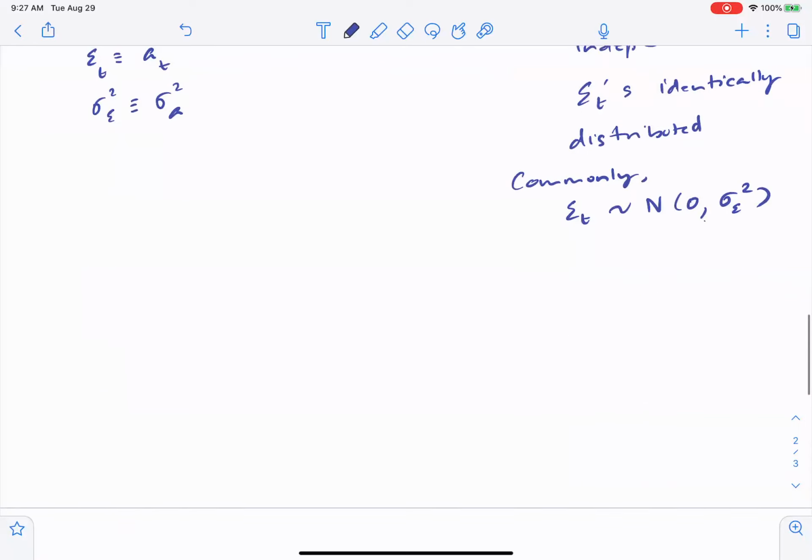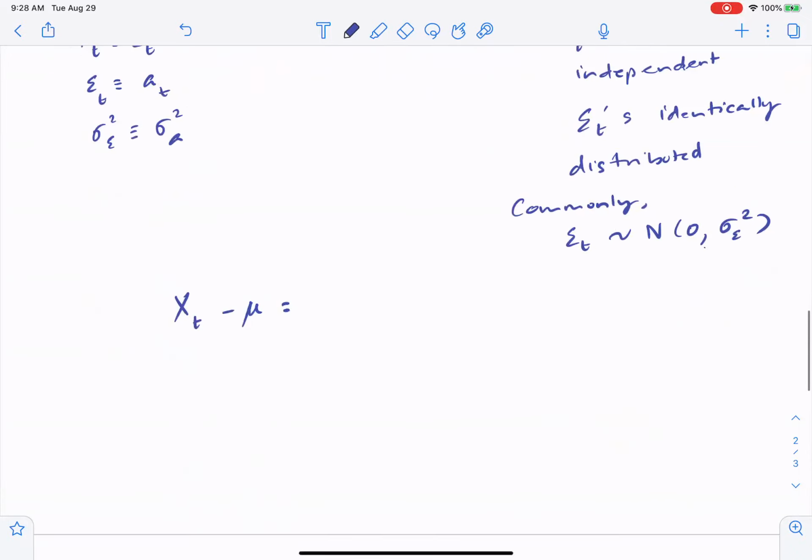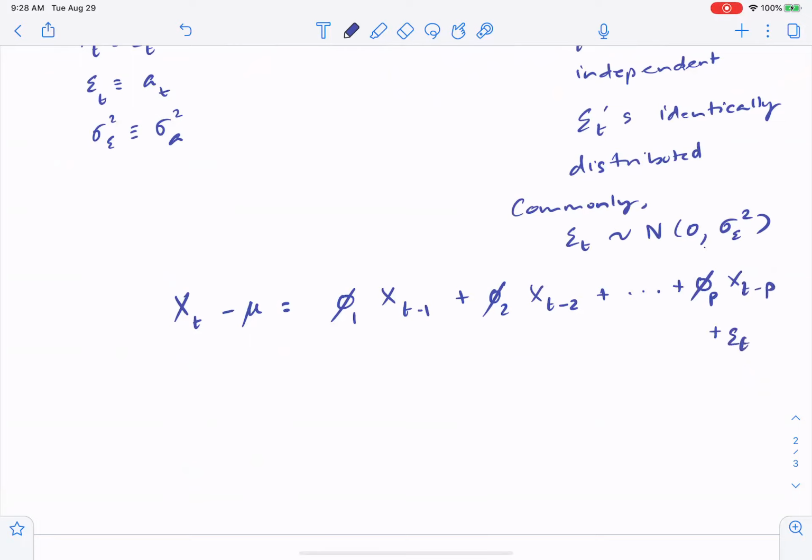So what we often do is subtract the mean and write it this way: Xt minus mu. I've not changed the notation yet, so don't freak out because algebraically it doesn't make any sense.